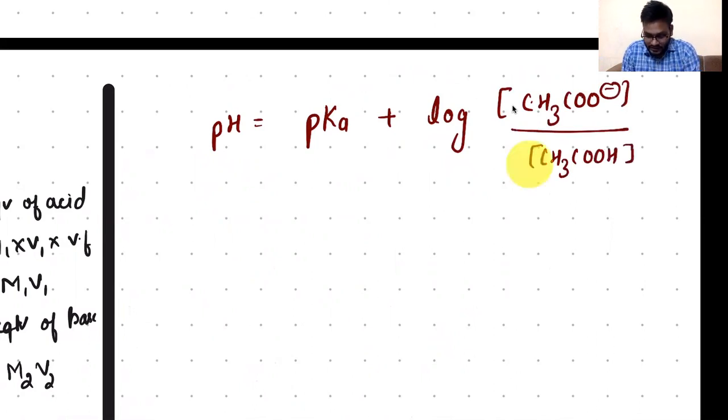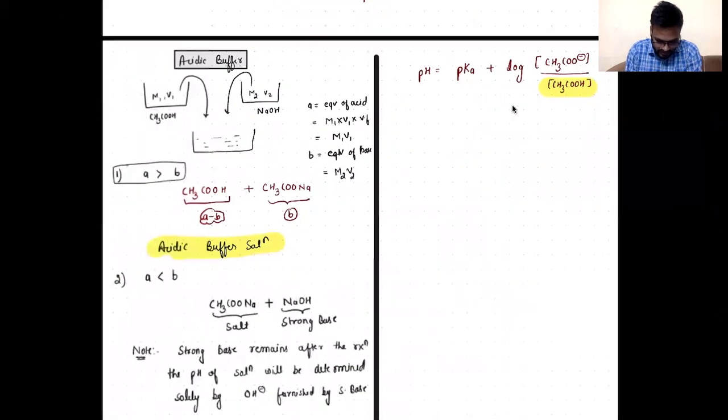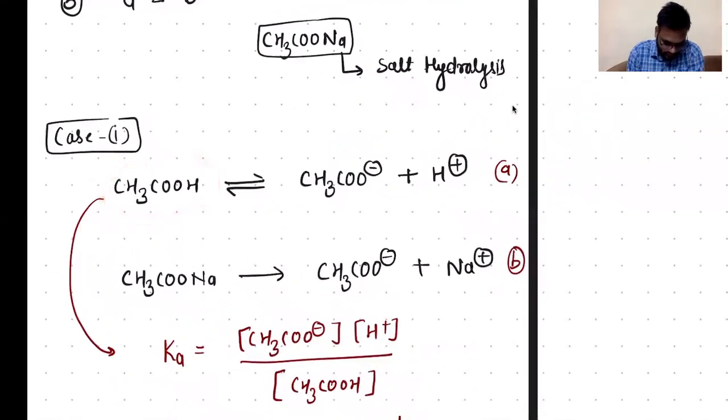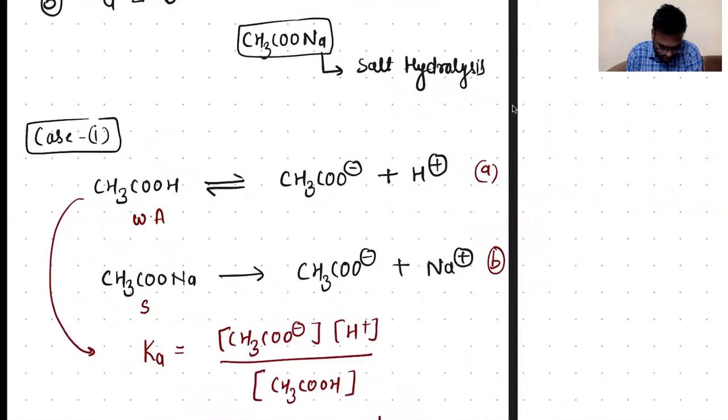Basically, CH3COOH will come from the weak acid. CH3COO minus is the common ion. It is a common ion furnished by the weak acid as well as the salt. How are we going to determine the concentration of the common ion? In most of the cases, the concentration of the common ion will be from the strong electrolyte.